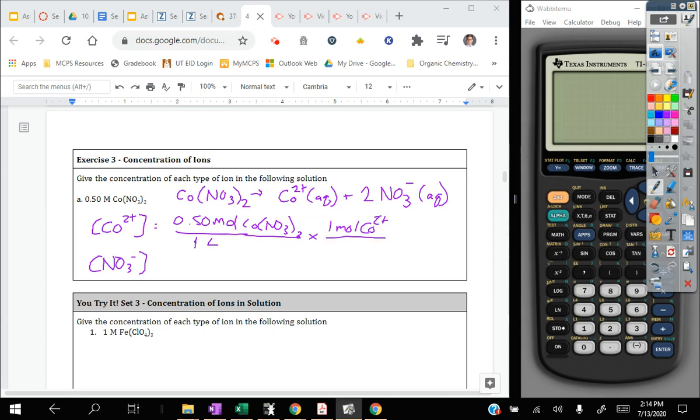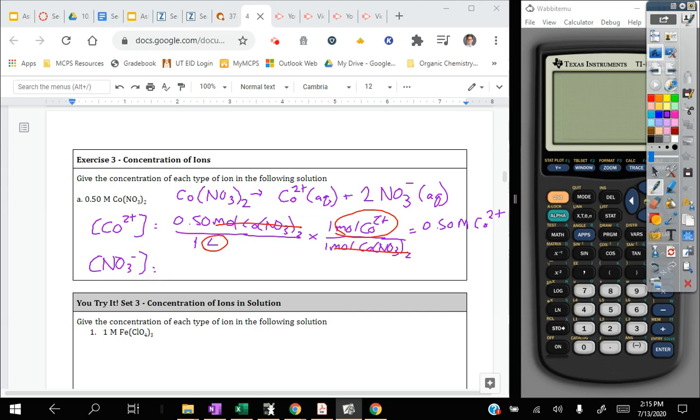I have 1 mole of cobalt-2 plus for every 1 mole of cobalt nitrate, the ionic compound. Just like we saw with some of our other stoichiometry, moles of cobalt nitrate will cancel, and we're left with cobalt 2 plus and liters as our final answer. So in this particular problem, the cobalt 2 plus concentration is going to be the same as the cobalt nitrate concentration. So it is still 0.50 molar Co2 plus.